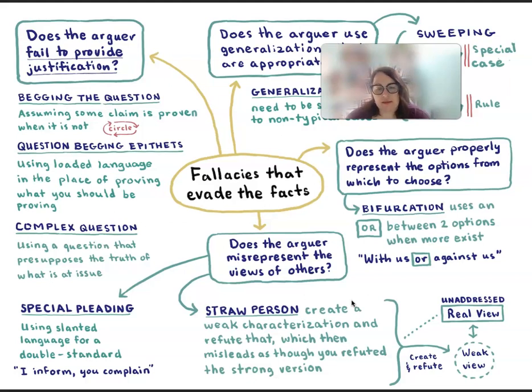Complex question. There's a lot of discussion in the textbook about what makes a good question and how to form questions that are pursuing the truth of the claim that is actually at issue. And a complex question kind of bakes in what you should be trying to establish instead of doing the work of establishing it.